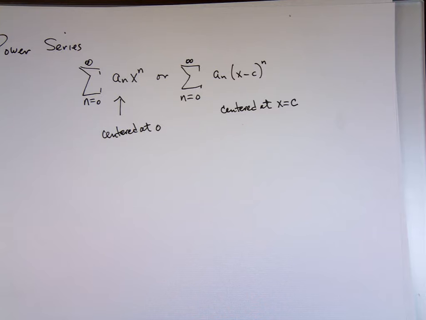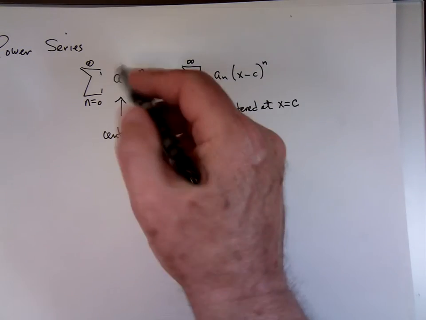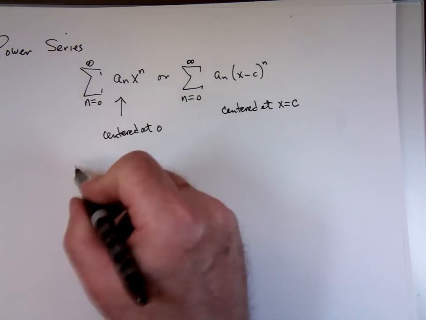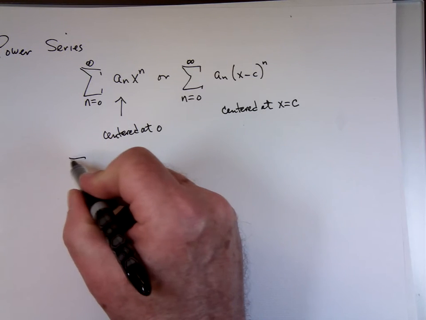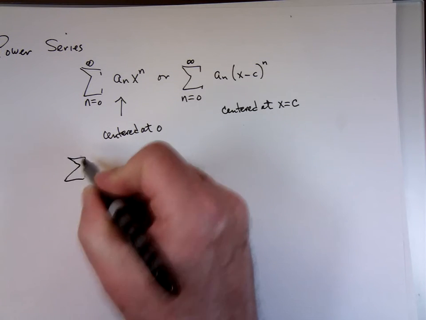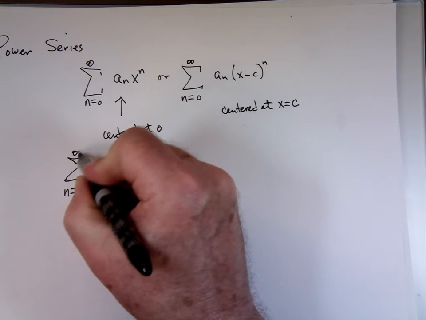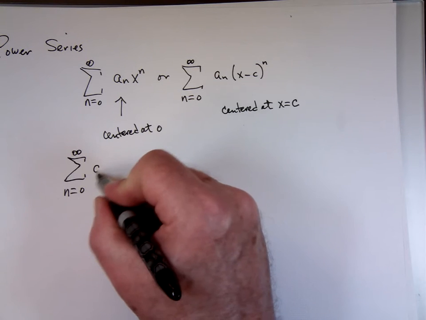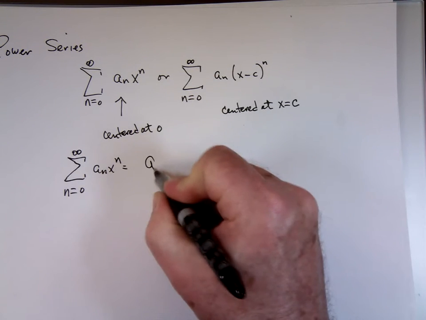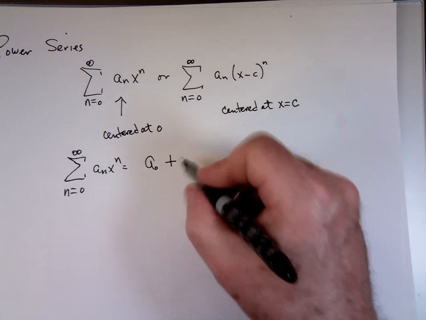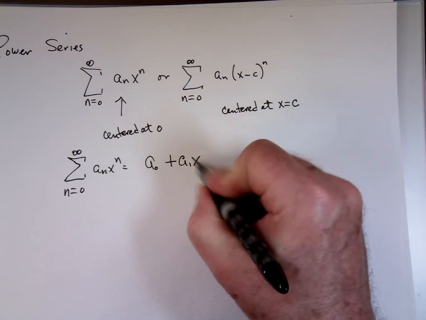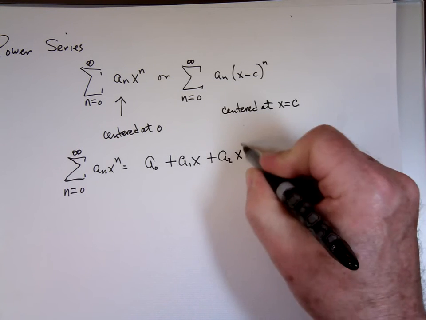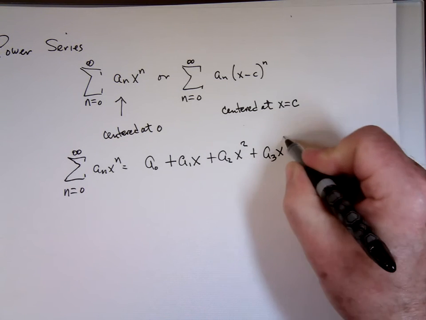Is it only when they're the same that it equals 0? Yes. Here's what we're going to have to do. Let me write out some of these terms. We're going to take these primarily. What do these series look like? When n is 0, we get a sub 0 x to the 0, which is a sub 0. Then when n is 1, a sub 1 x, and a sub 2 x squared, a sub 3 x cubed, etc. That's a typical power series in x.